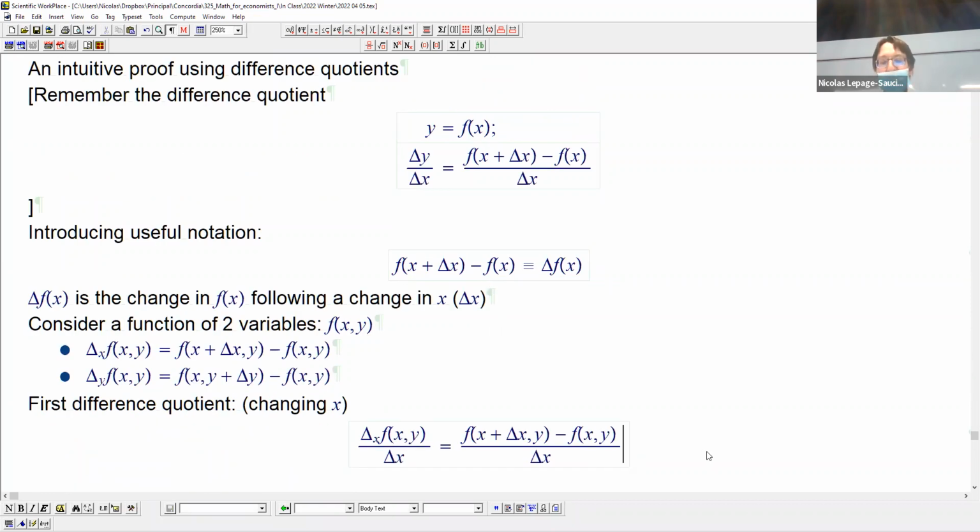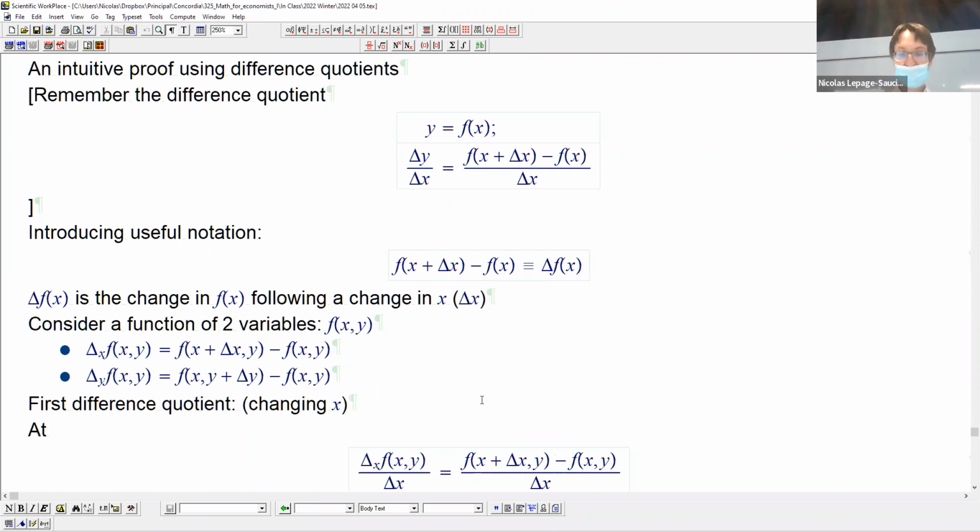But now what I'm going to do is also change y. And for this, I'm going to evaluate again this first difference quotient with respect to x, but with a different starting point for y. So rather than evaluating it at the value y, I'm going to evaluate it at the value y plus delta y. So this is at y.